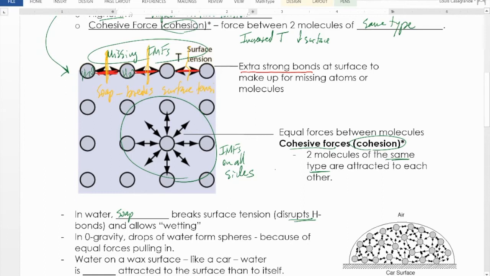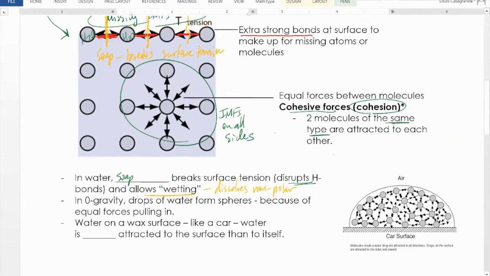And this is why soap allows things to wet. What a material does when it coats the surface, it wets the surface, and we'll talk about that in a moment. And it allows wetting. It also allows or dissolves nonpolar materials such as grease and other substances that otherwise would not allow water to dissolve it.